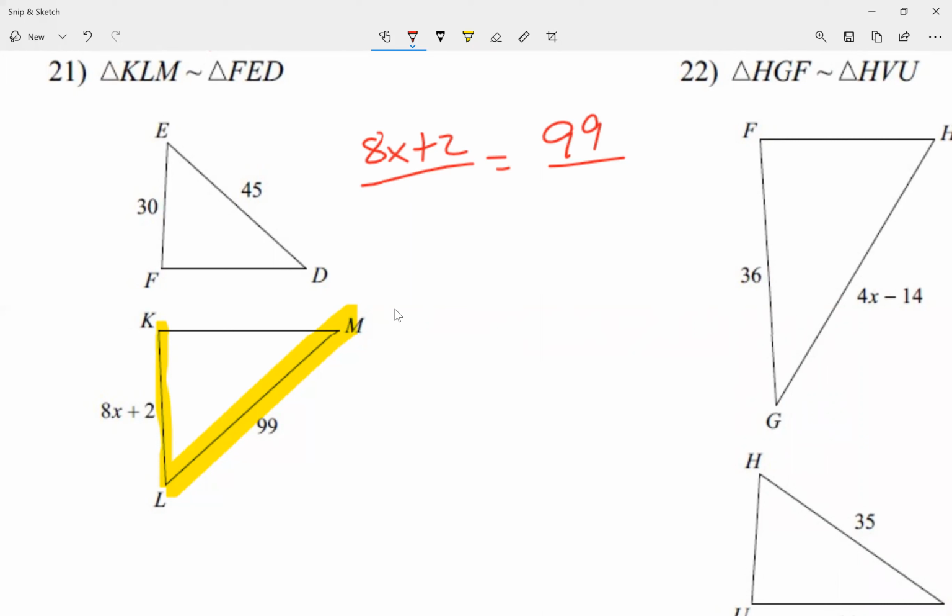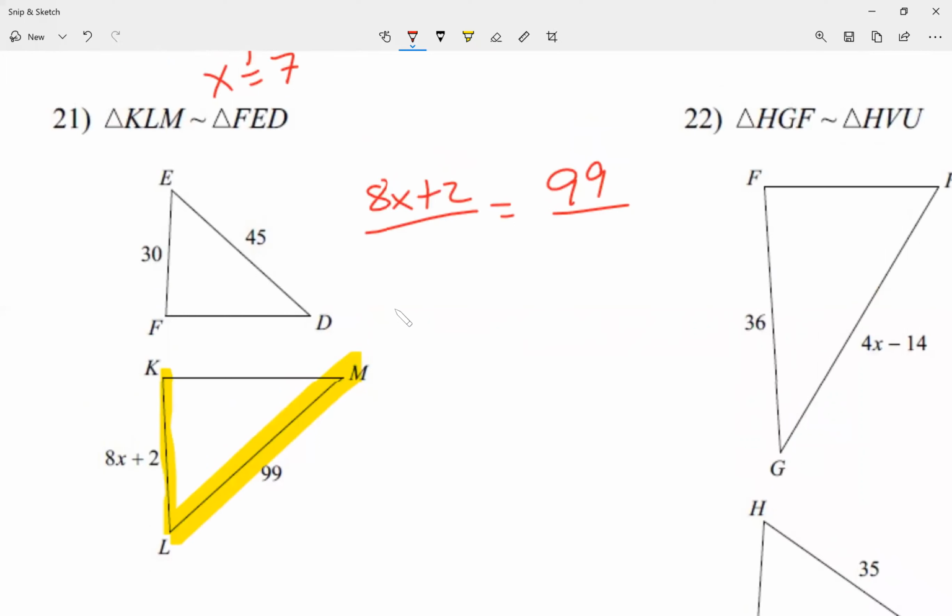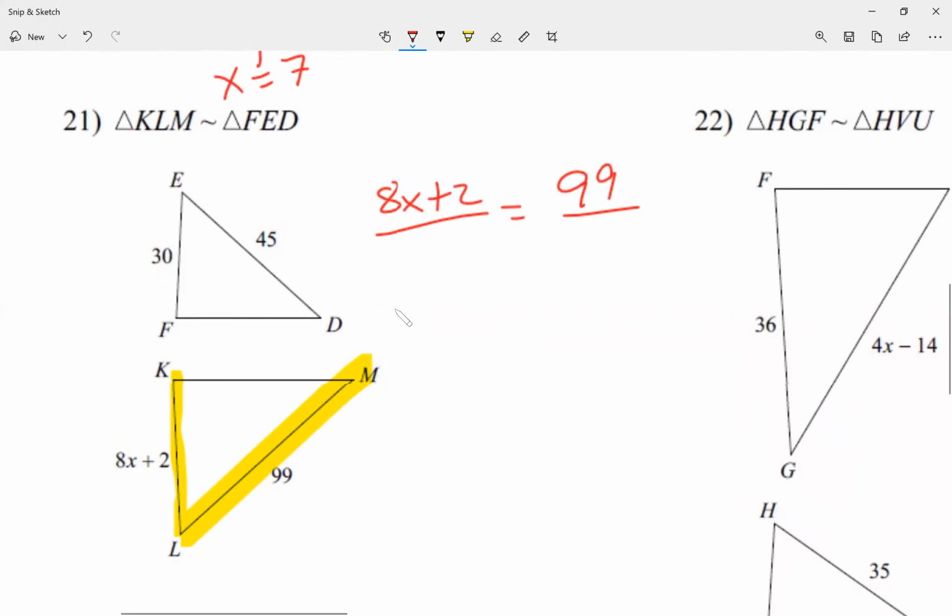If it is the big side, it goes with 45. If you cannot tell, then use the notation. KL, right? 8x plus 2 is the side KL, which, if you notice, are the first two letters here. So that's going to go with FE. So 8x plus 2 goes with 30, and 99 goes with 45.